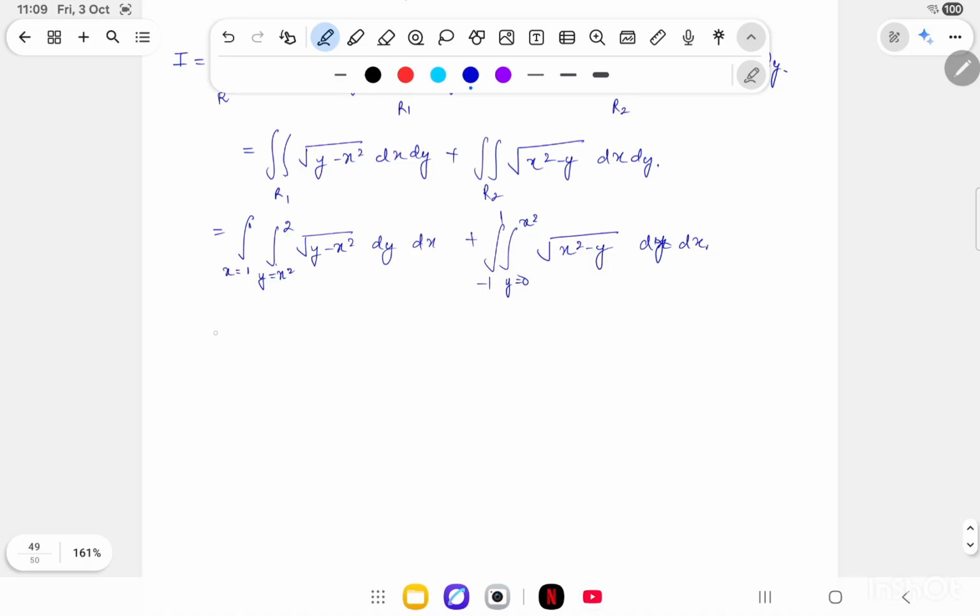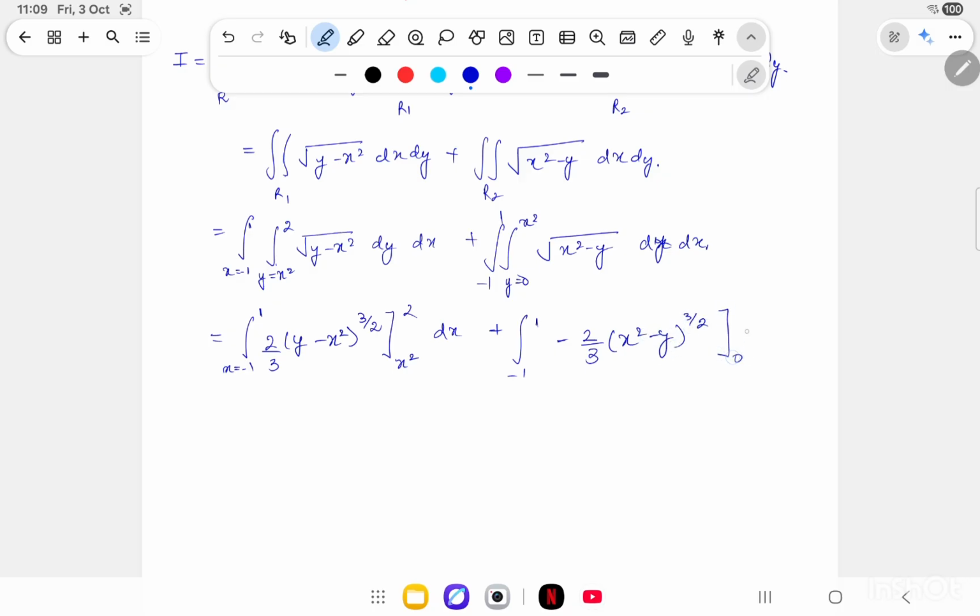Now if we integrate it, it will be the integration from x equals -1 to 1 of y minus x square raised to 3 by 2 times 2 by 3, with limits from x square to 2, dx, plus the integration from -1 to 1 of minus 2 by 3 times x square minus y raised to 3 by 2, with limits from 0 to x square, dx.